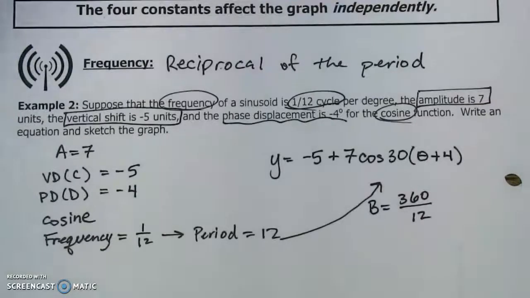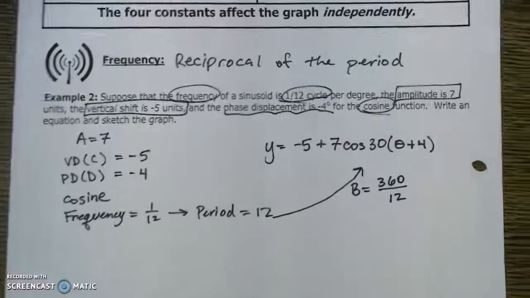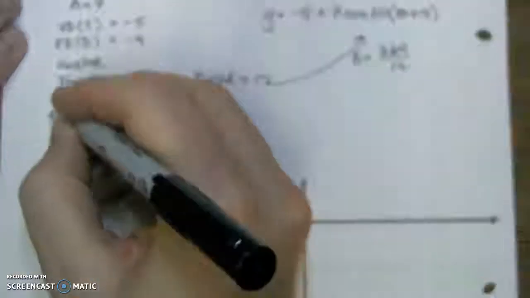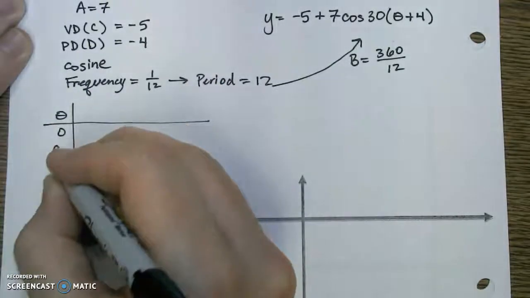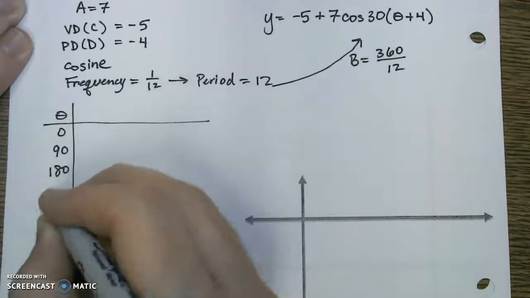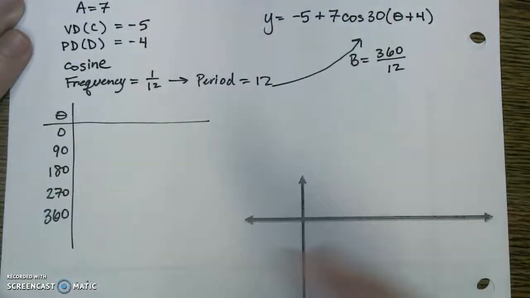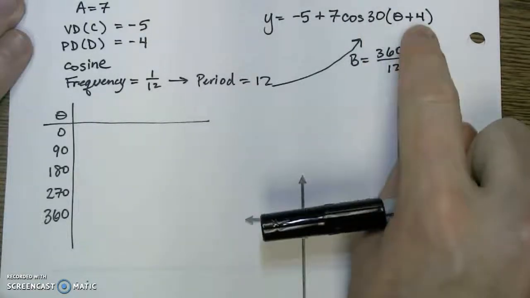Let's go ahead and make a table out of that and make a graph. So I'm going to put my normal critical points, and then we're going to start over there where theta is, with your 30 and then your 4.